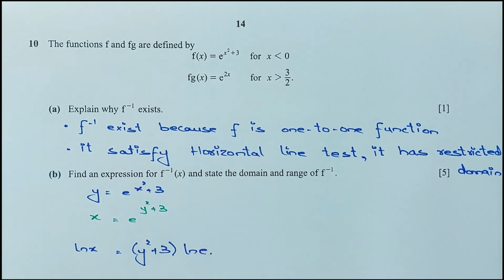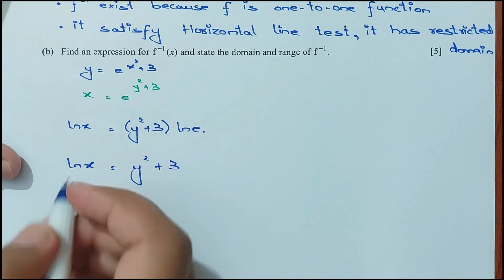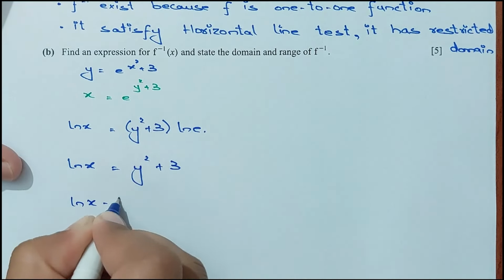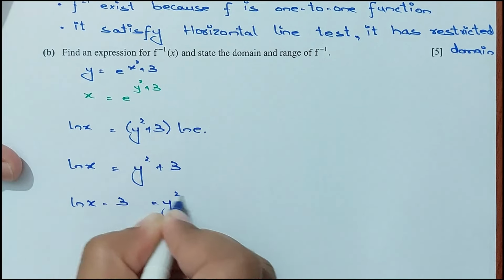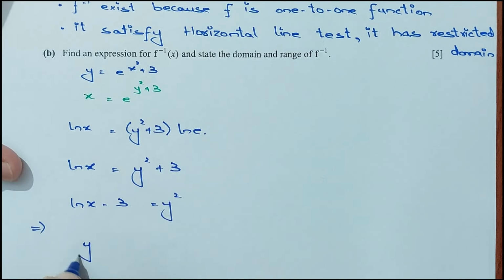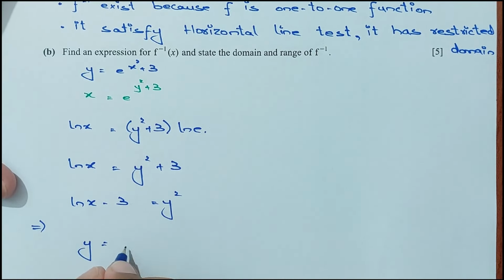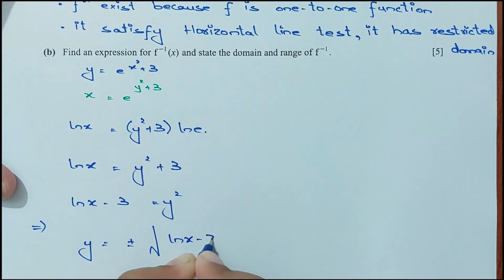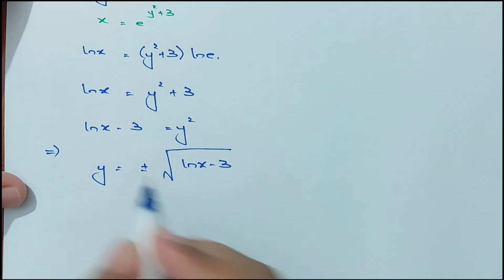So ln of x equals y square plus 3. Solving for y, ln of x minus 3 would be y square, so y equals plus or minus the square root of ln of x minus 3. This is the y.